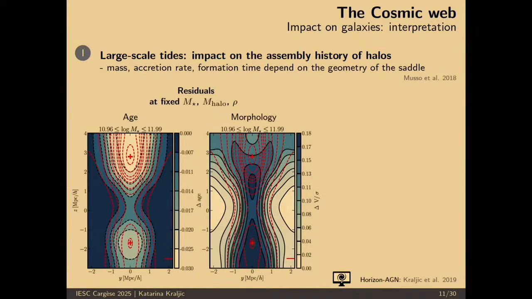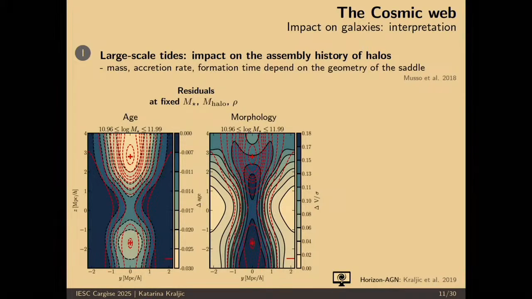So what could that be? Well, you can play a game and say it could be the local density, and on top of that it could be the halo mass. If you put all these together, you can compute the residual. So what is left once you have accounted for all these three components: stellar mass, halo mass, and the local density. For the age, we see that there is almost nothing left.